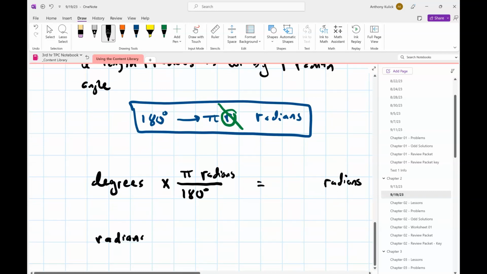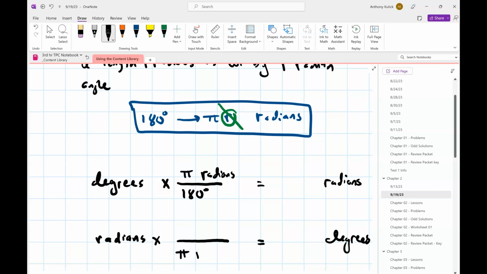And if I have some number in radians, what's the conversion factor I need to multiply it by to get it into degrees? I have pi radians under 180 degrees.